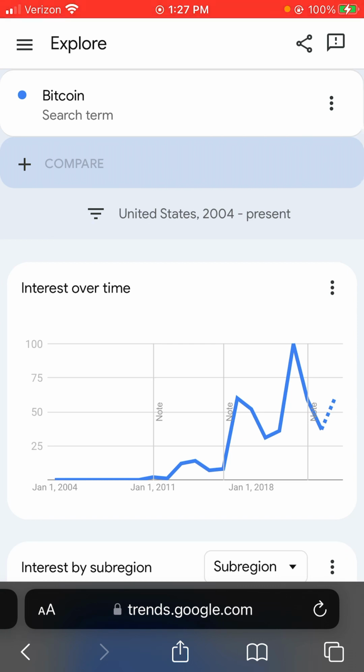Well, according to their software trends, this is the chart. Bitcoin.